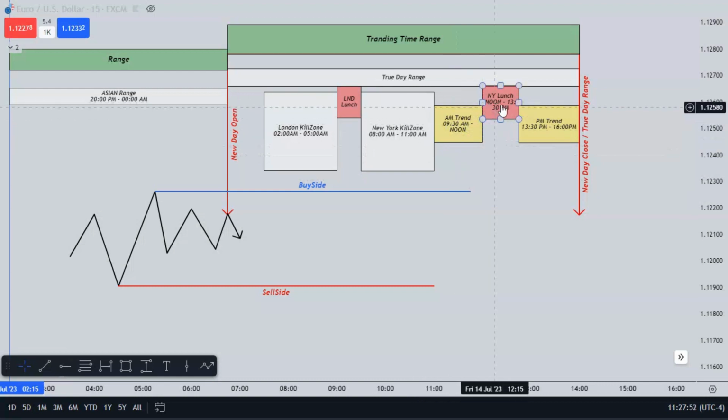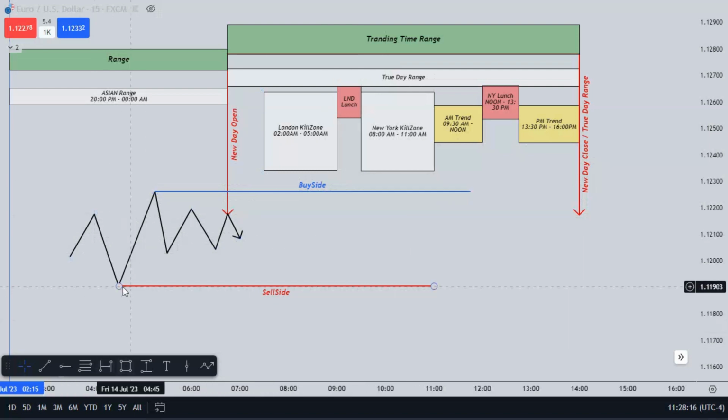We can utilize the New York lunch high or buy side for the PM short, if that makes any sense. We can utilize the Asian range sell side to take a PM long if no sell side was presented within this zone right here.